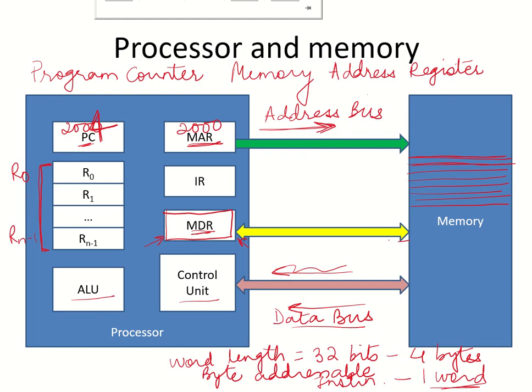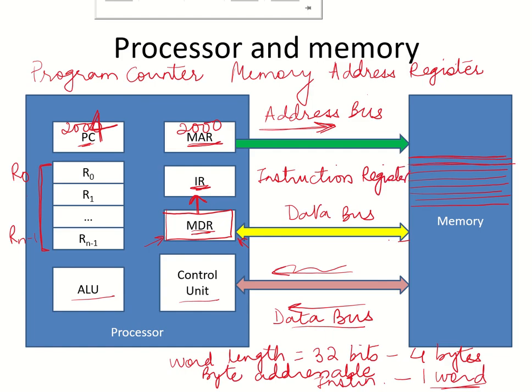So the address 2000 has been sent to the memory. The instruction is fetched over the data bus into the MDR, from where it is sent to a register called the instruction register.